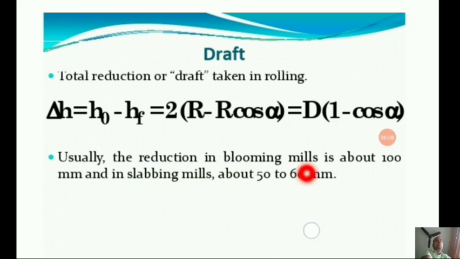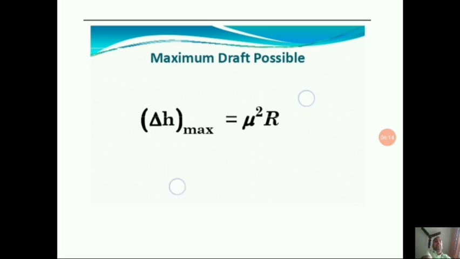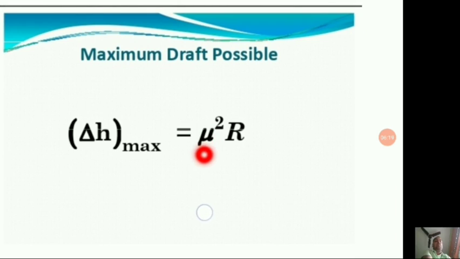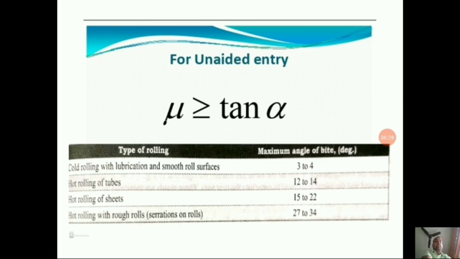Usually the reduction in blooming mills is about 100 millimeter, in slabbing mills about 50 to 60 millimeter. Now the maximum draft possible is given by mu squared into R, where mu is the coefficient of friction between the rolling surface and the plate or strip or workpiece, and R is the radius of the rolling mills.